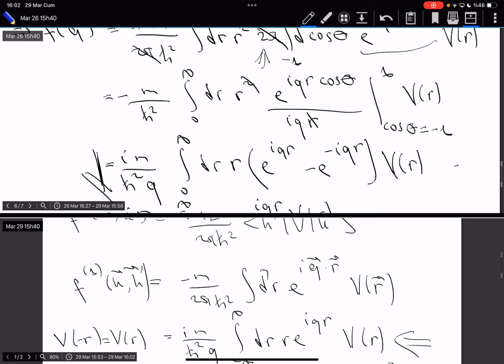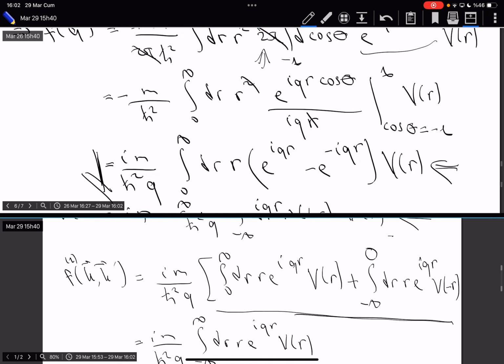Up to here, r is the radial coordinate. If you want, let me just change the name to u. In the first integral, I keep it as u. In the second integral, I define r as minus u.